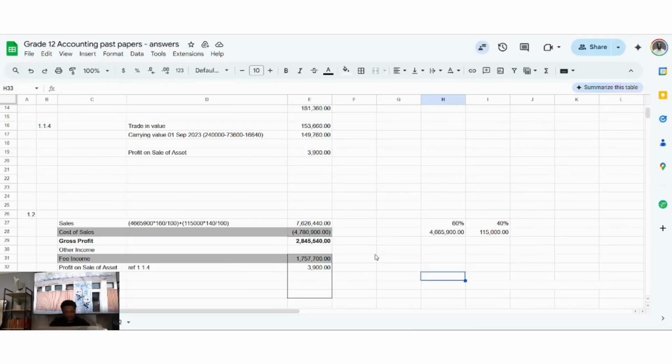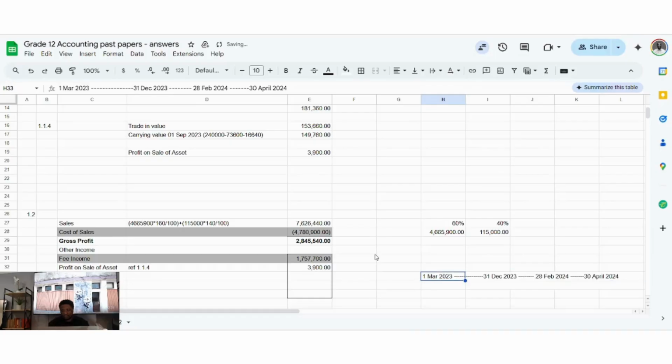We have a date that it starts, so it's 1 March 2023, and then we continue until there's a decrease on 1 December 2023, and then there's a financial year that ends on the 28th of February 2024, but then we go on and receive the rent until the 30th of April 2024.